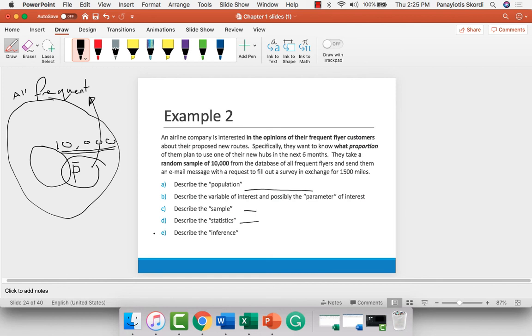And the inference we're making is saying, well, the sample of 10,000 has a proportion of whatever it comes to that's going to be using the new hub in the next 6 months. And I'm going to infer that that's going to be an estimate of what happens for the whole population.